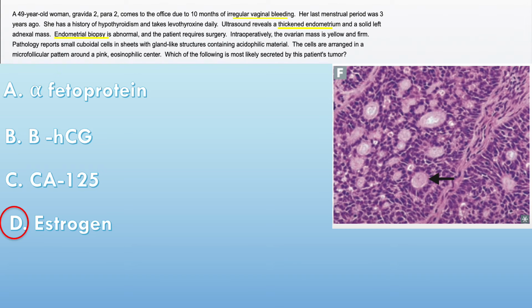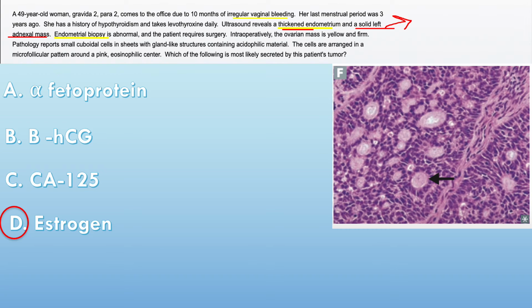Now, this woman has endometrial thickening, and at the same time, she has an ovarian tumor, which means that there is something that this ovarian tumor is producing that leads to endometrial thickening. And the only thing I can think about that leads to endometrial thickening, if you remember from physiology, would be estrogen.